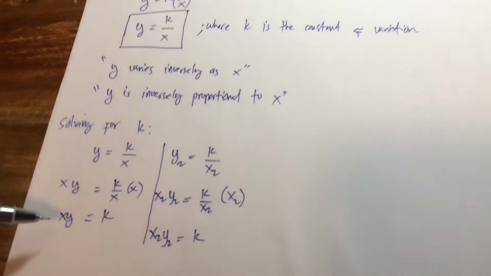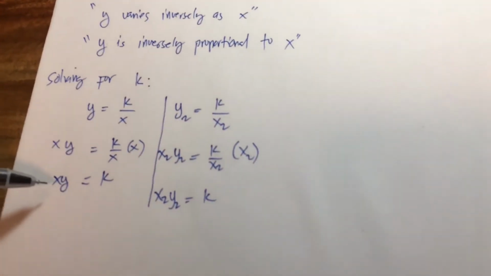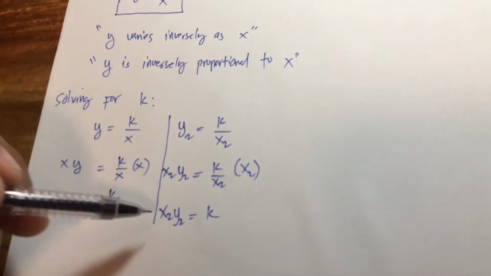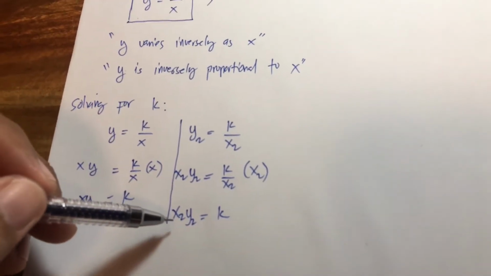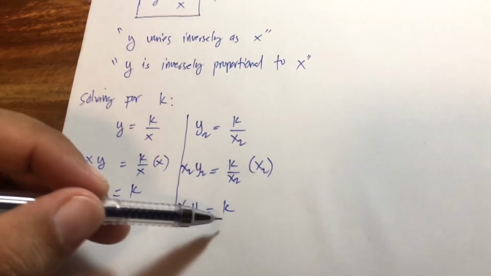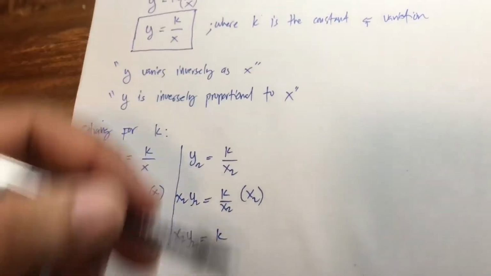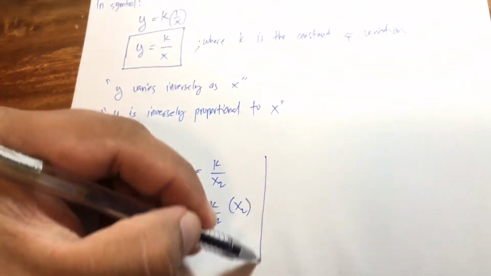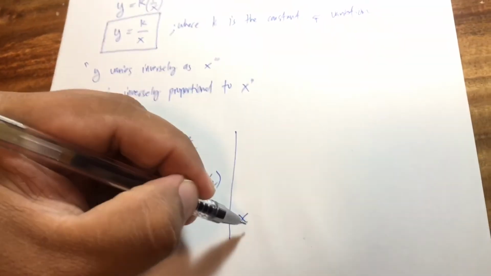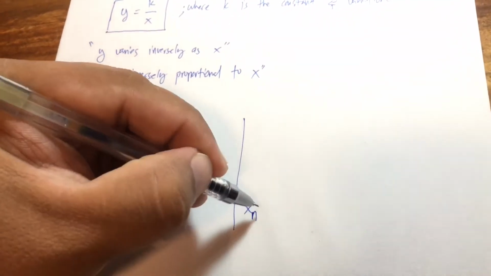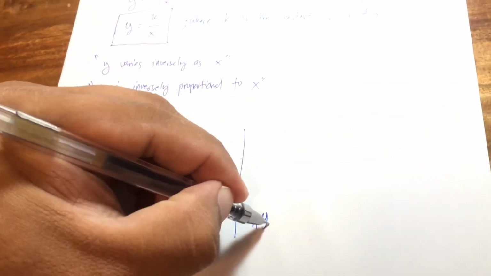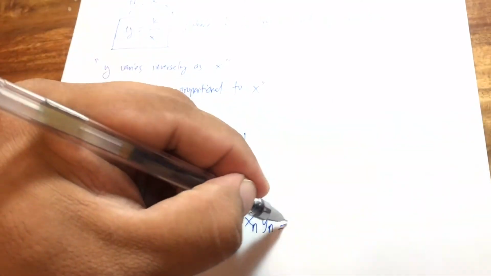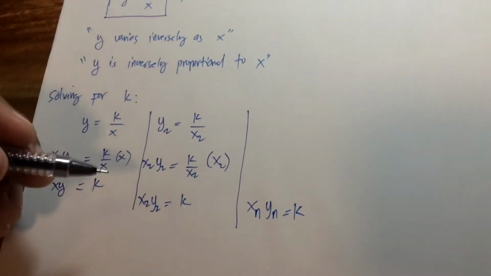So in the first pair, xy equals k. In the second pair, x subscript 2 times y subscript 2 equals k, and so on. In general, we can have x subscript n times y subscript n equals k.